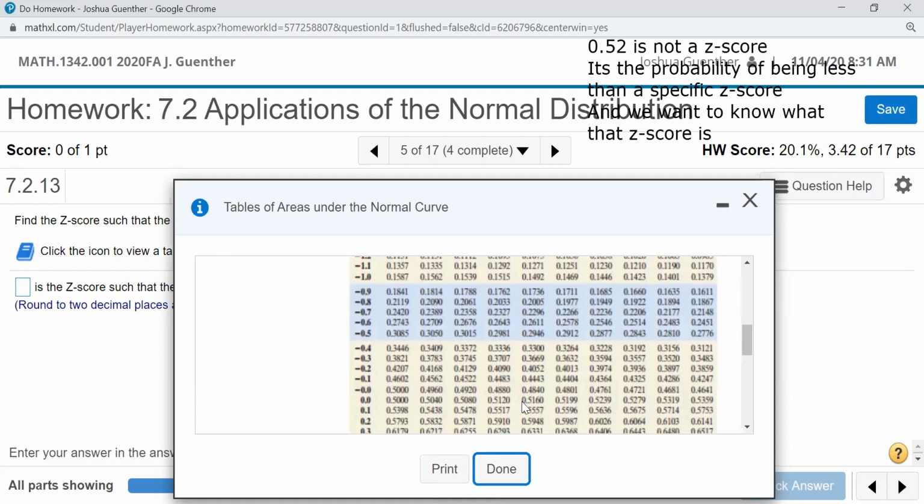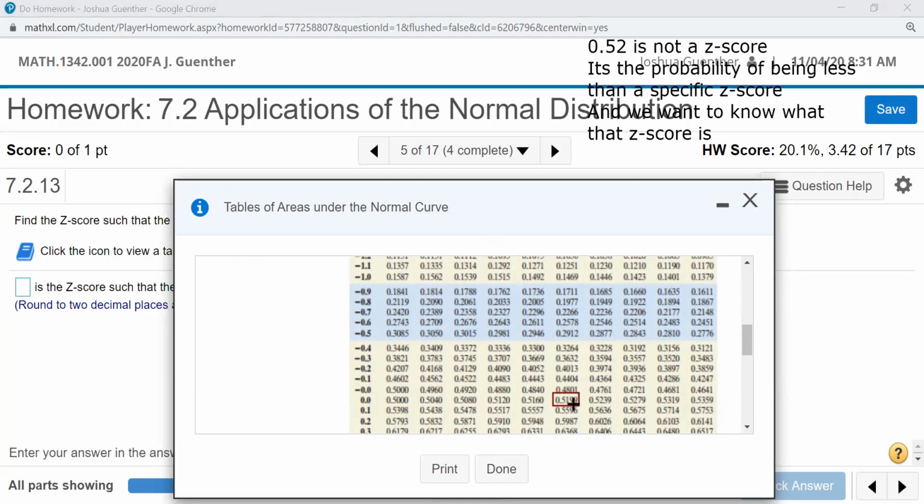We're not going to get perfect all the time. Very rarely are you going to get perfect. Oh look, 0.5199, that's about as close to 0.52 as we get. We go any bit to the left or right, and we're just getting further away from 0.52. So this is as close to a probability of 0.52 as we're going to get.